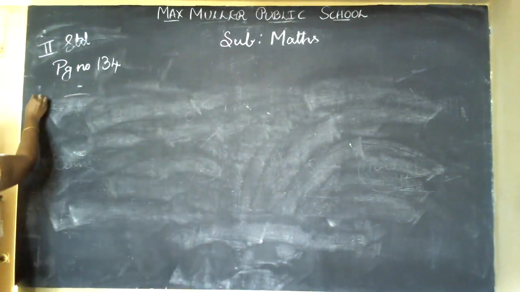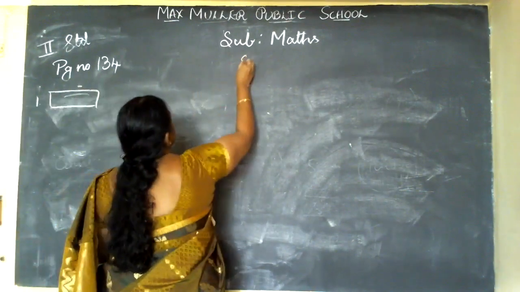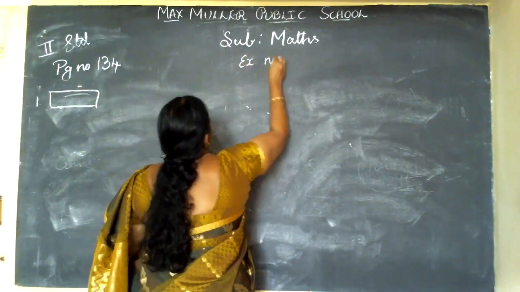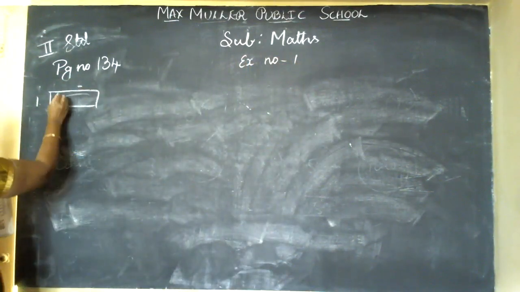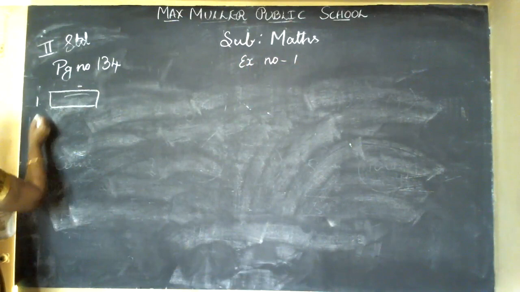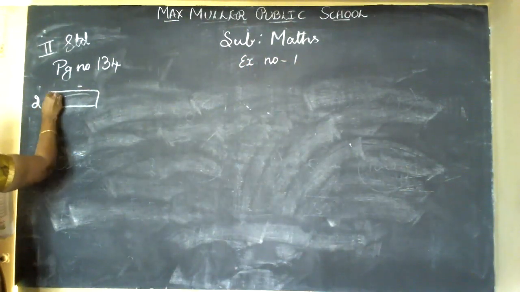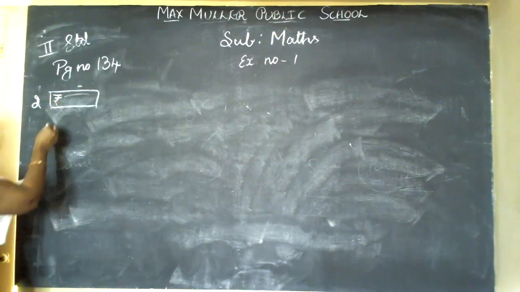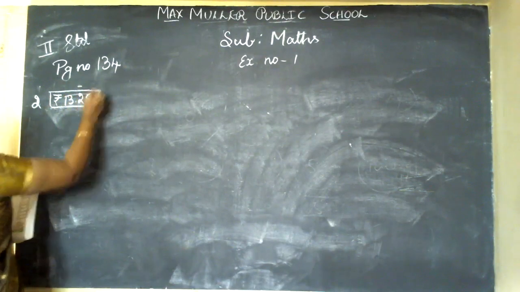See, first one. See in the box, exercise number 1, children. In the box, already given 2 rupees 50. Second one, you want to write second one. See the number. This is the rupees sign. 13 rupees 25 paisa.